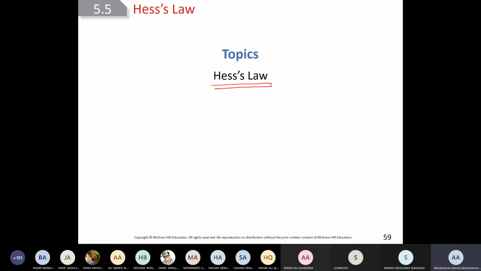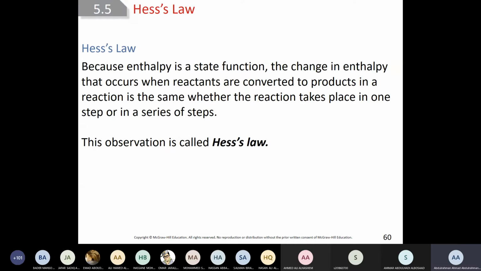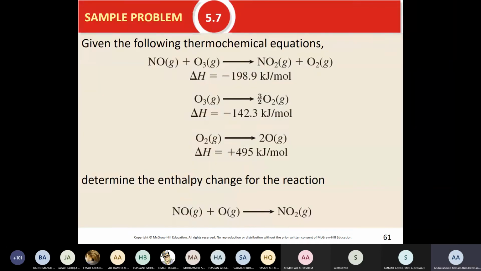Next, Hess law. Hess law is a very important law that you should know in thermochemistry. Very interesting and very important law. Okay, what is Hess law? If you have a group of reactions, like we have here, I'll call this one reaction 1, this reaction 2, and this reaction 3.